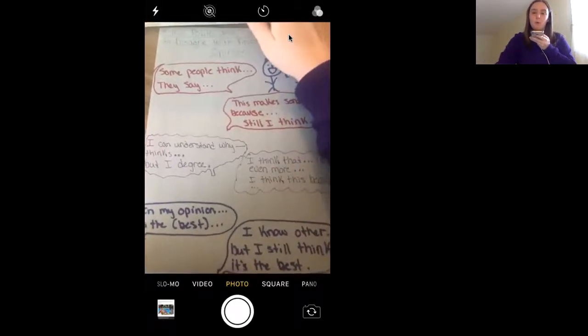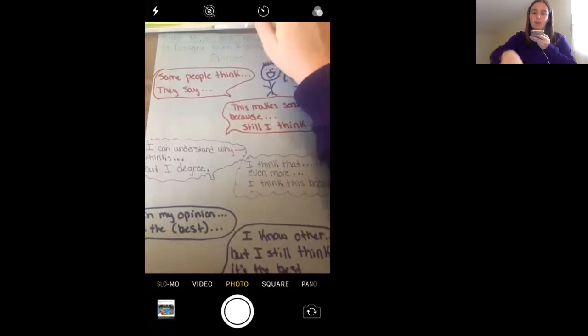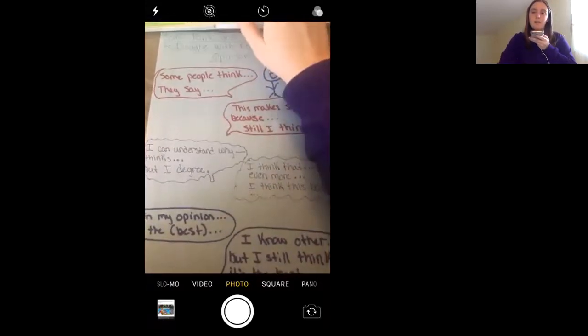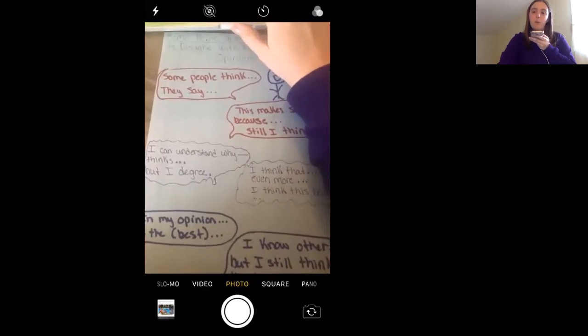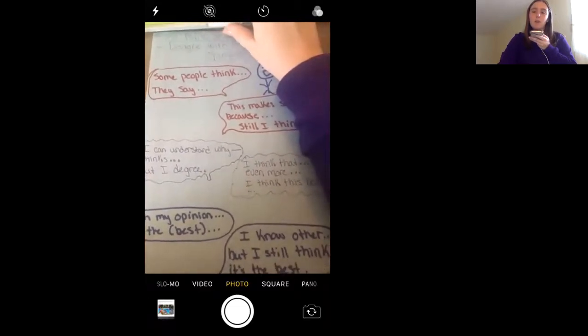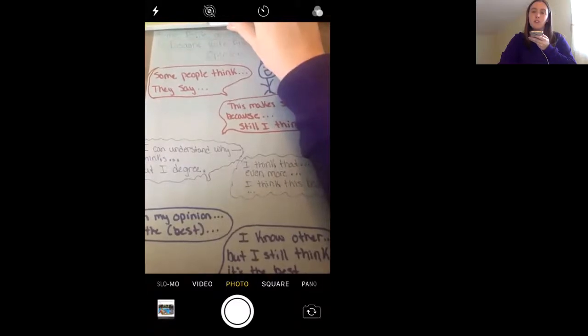So you have both this chart and Miss Mickens' writing to help you figure out what you need to do in order to convince your reader. As you go off and write today and tomorrow about comparing your reviews, I want you to think about a couple things. Some of you may need to revise because you might not have enough space to add your comparisons in, so make sure you're doing that.